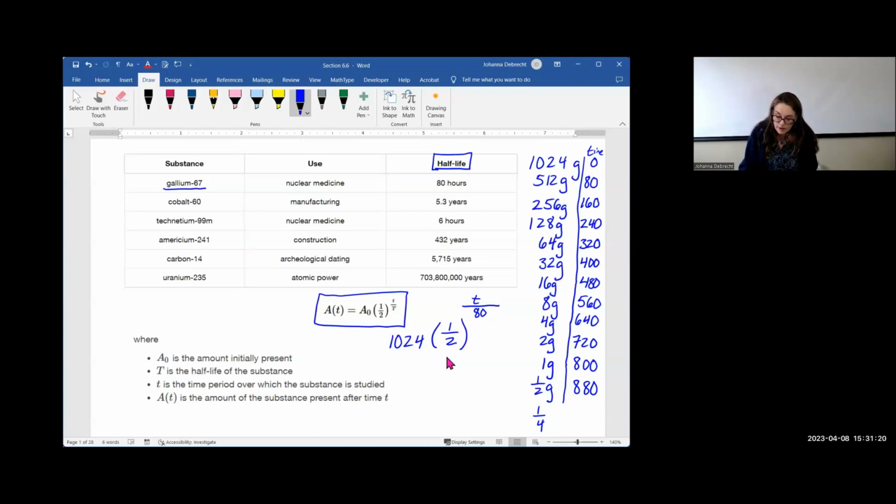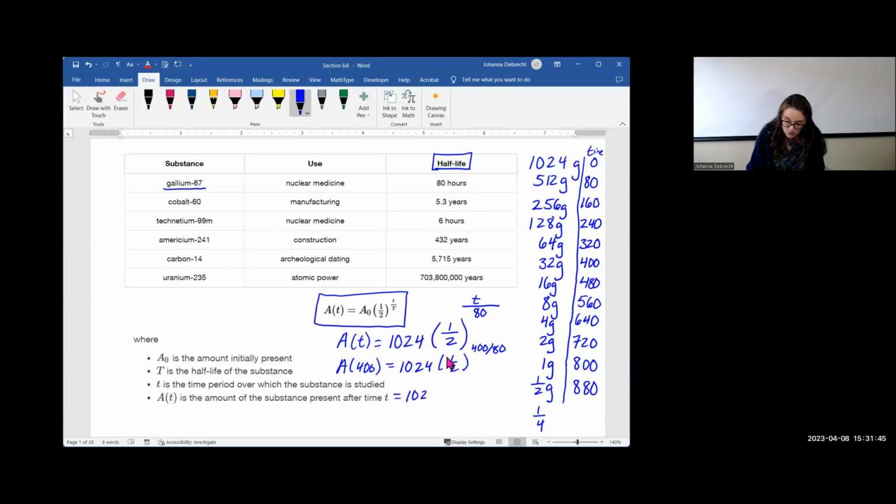So for example, if I wanted to put in the 400 hours, and I wanted to figure out how much was still going to be radioactive after 400 hours, we've already figured it out one way, but now we can do it this way. This would give me 1/2 raised to the 400 divided by 80, which would give me 5.